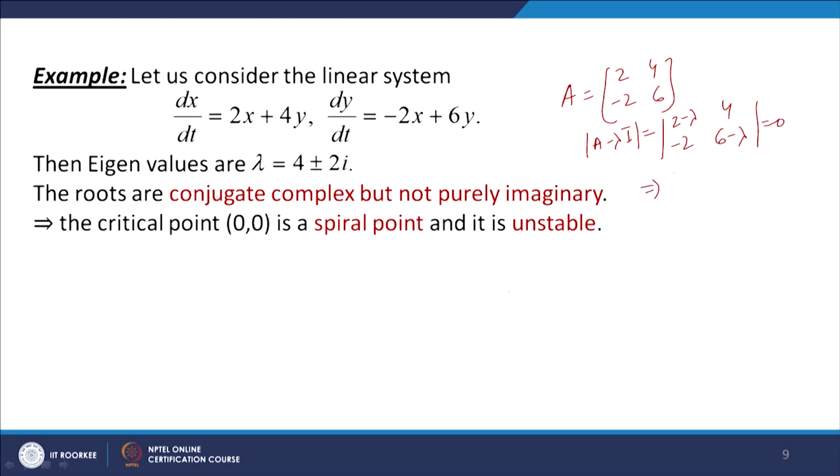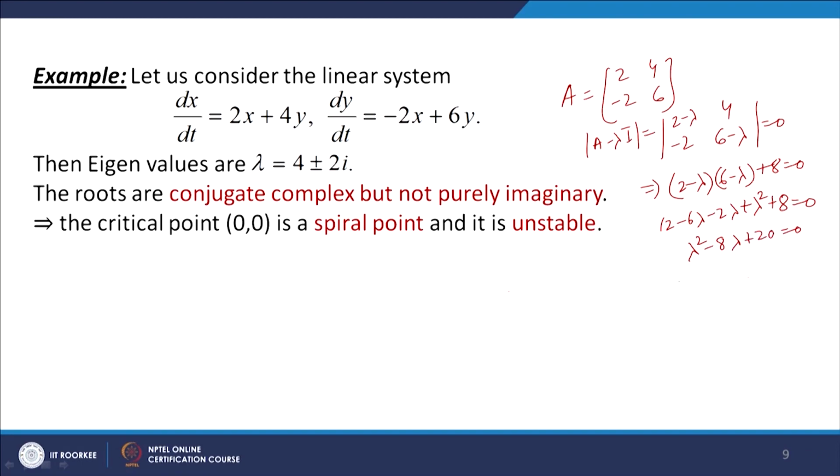This gives (2 - lambda)(6 - lambda) + 8 = 0, or 12 - 6 lambda - 2 lambda + lambda squared + 8 = 0. So I can say this is lambda squared - 8 lambda + 20 = 0.